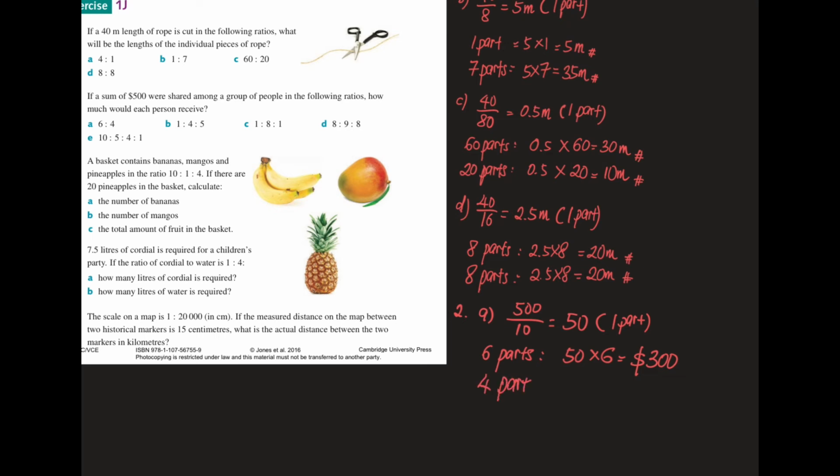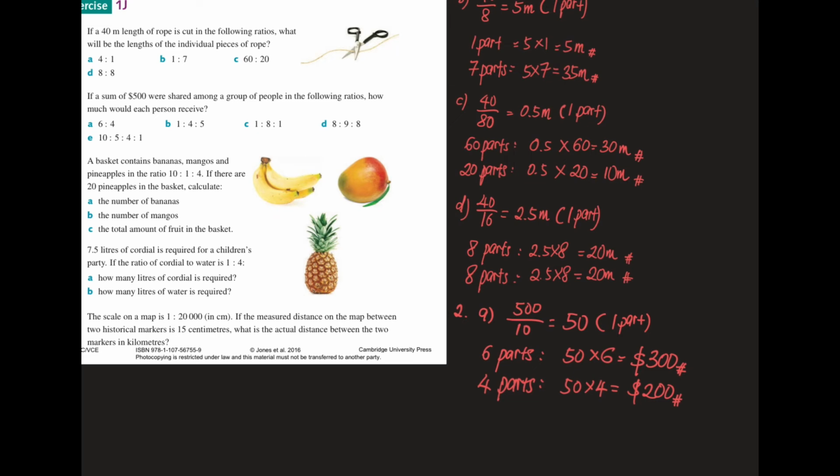And then we have 4 parts. 50 times 4 then. So we have $200. So yeah, those are the answers for part A.